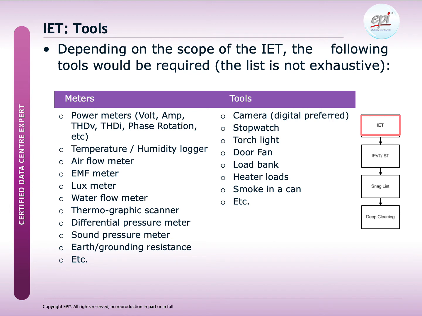We need to create a testing and commissioning program where we not only need to address the required time and who needs to be present and is involved during the testing, but we also need to know what tools could be required in order to do the actual testing.